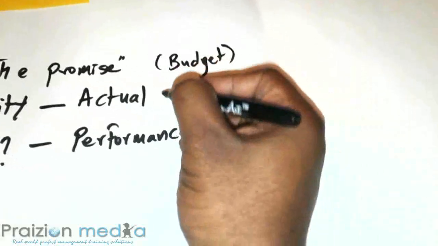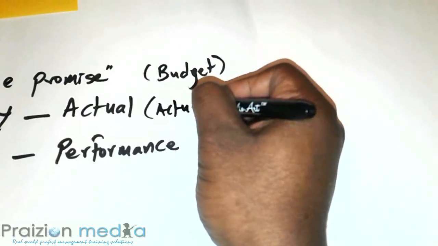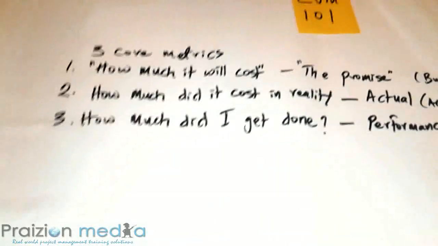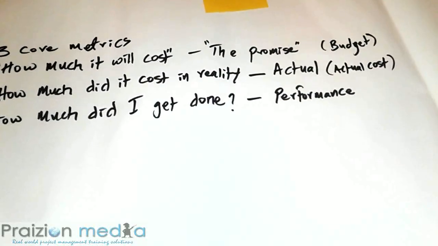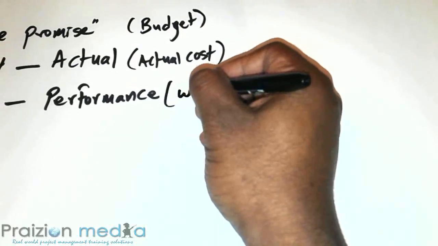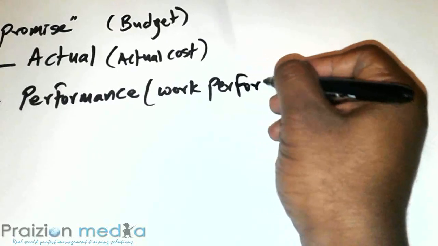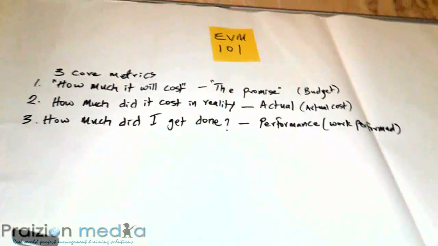It's going to be easy to remember this because we call this the actual cost. And lastly, how much did I get done? That's the real performance, and this is your work performed. That is so easy, isn't it?